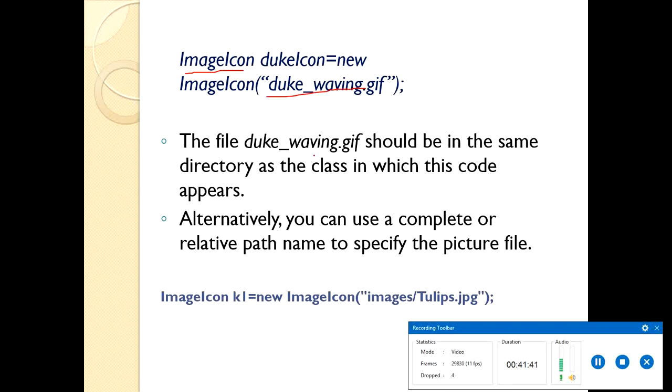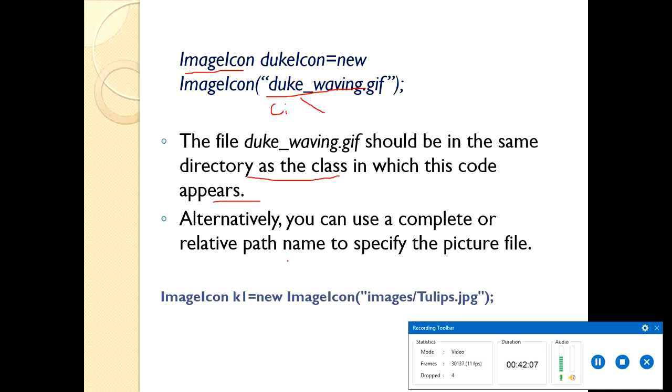Otherwise, if your program is in folder ABC but your picture is on desktop, then you need to provide the full path, for example C drive, desktop, documents, whatever, where your picture is stored. So you better store the image in the same folder. The file Duke waving GIF should be in the same directory as the class in which this code appears.